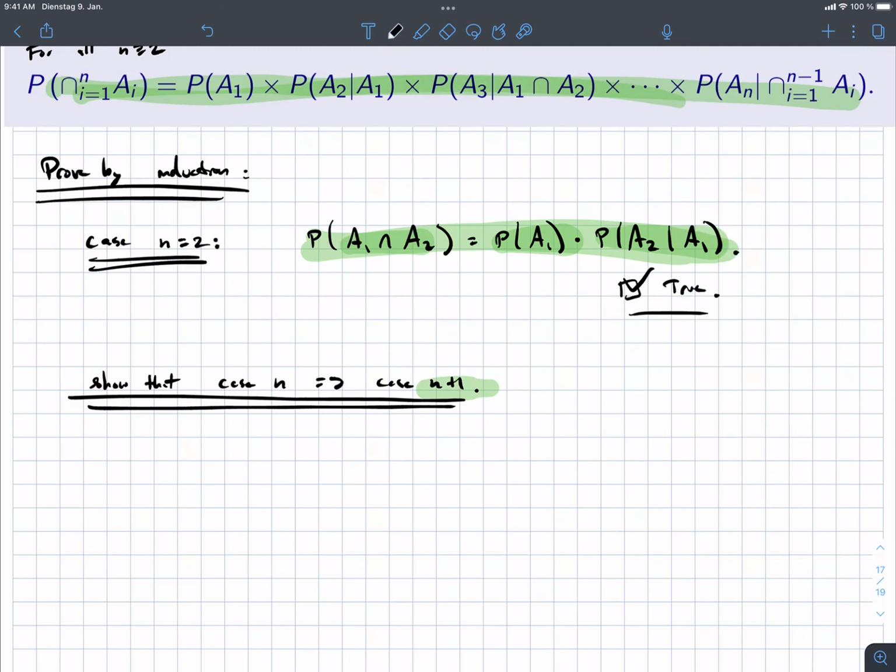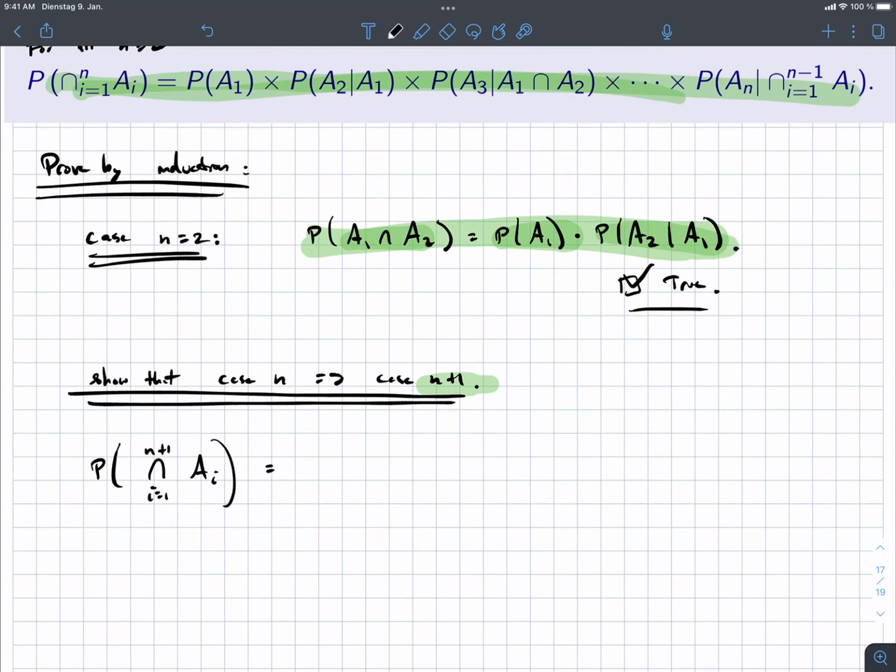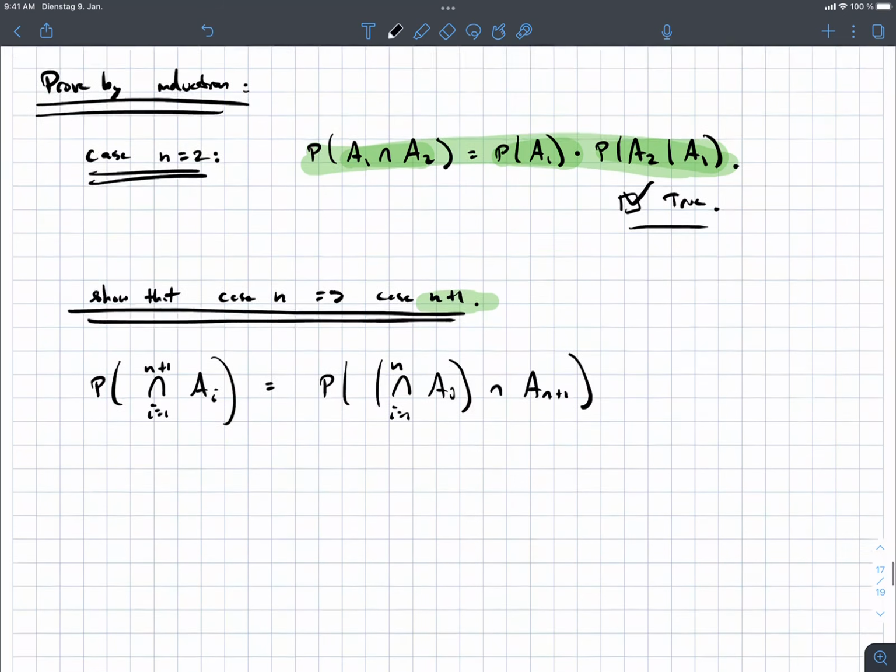So let me begin by writing n plus 1. Okay, so this n plus 1 I can write as the intersection of i from 1 to n, and intersect this one.